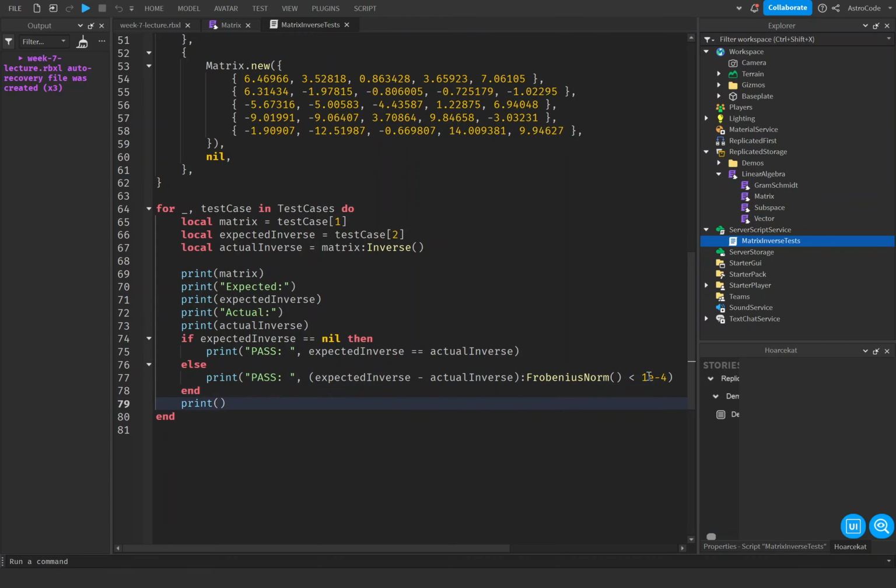It's the same thing as if we wanted to look at if two numbers were close, we would look at if their absolute value was less than some small number. If we wanted to know if two vectors were close, we would look to see if the magnitude of their difference was some small number. And so similarly, we are looking at if the Frobenius norm of our expected inverse and our actual inverse is small. And if it's small enough, then we were reasonably correct with our inverse.